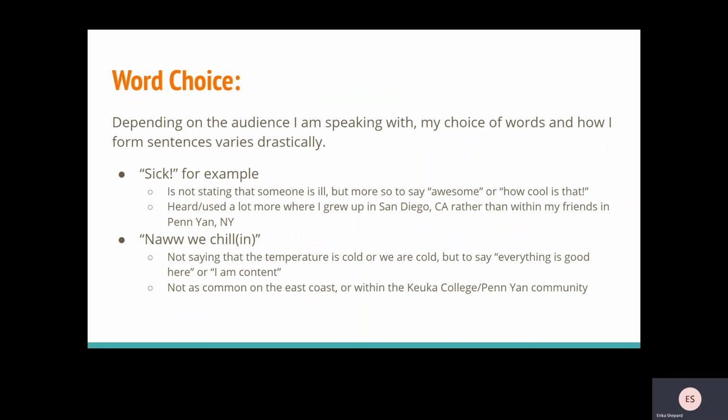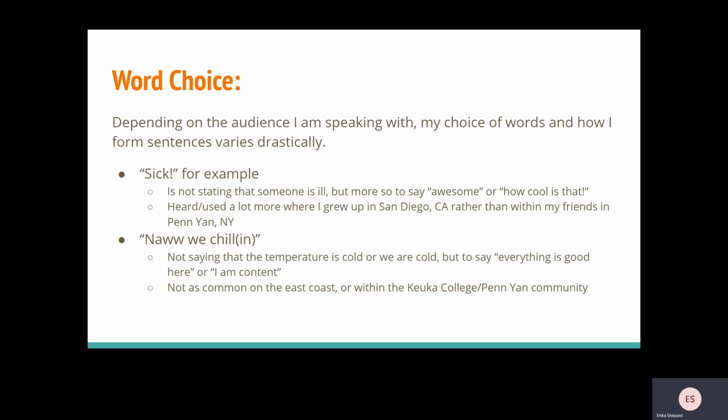Word choice. Here are just two examples of word choices that I found between living and growing up in California and moving to Penn Yan, New York on the East Coast. Growing up here with my friends in San Diego, California, sick is a word that we use all the time.